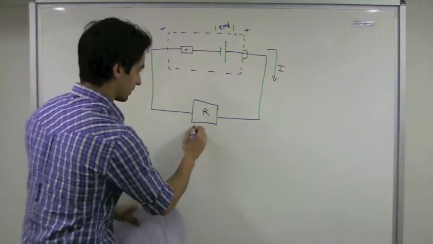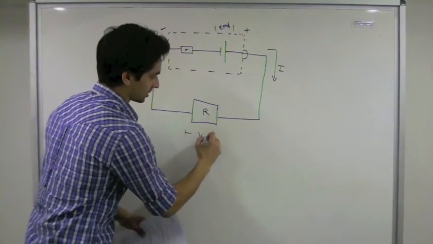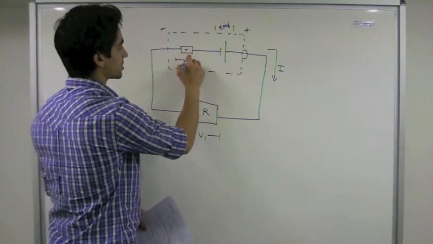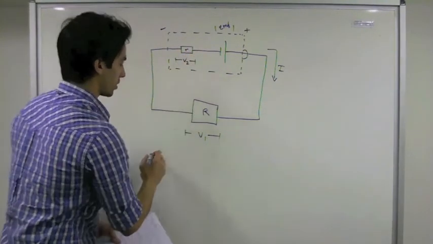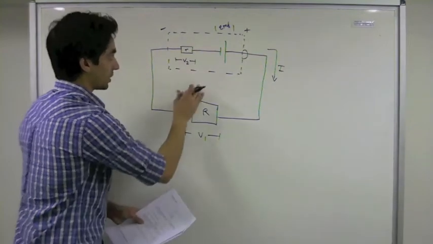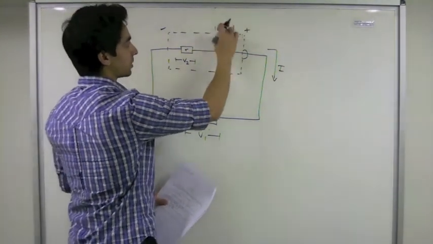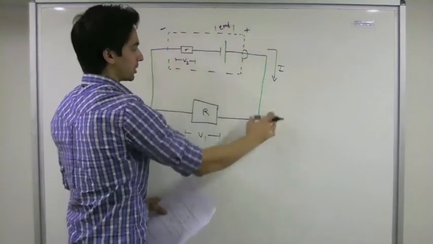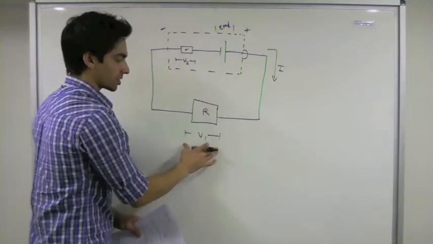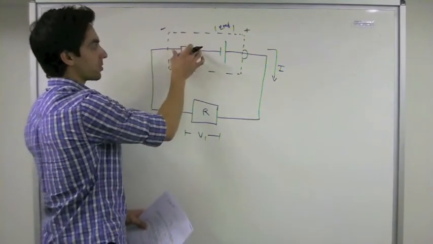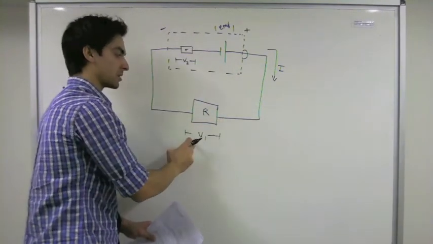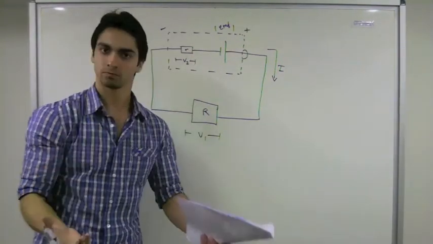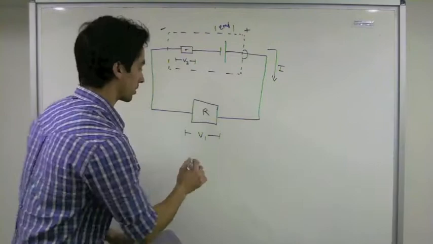Let's say the potential drop across this resistor is V1 and the potential drop across the internal resistance is V2. The EMF provided, or the energy supplied per unit charge, is equal to the energy dissipated per unit charge here and here. Simple law of conservation of energy.